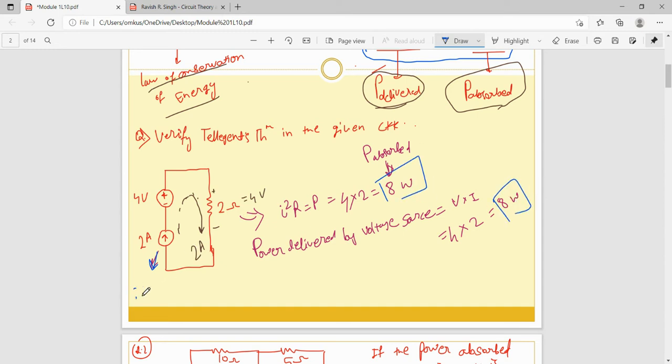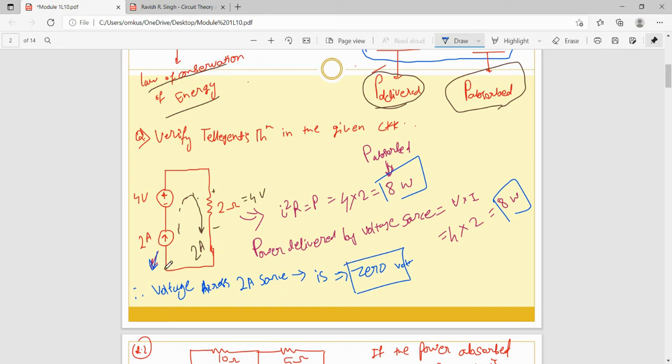So that's why the voltage across this 2 ampere source is 0, right? So this is 0 watt. The voltage drop across this is 0 volt. And what is the power absorbed by this?